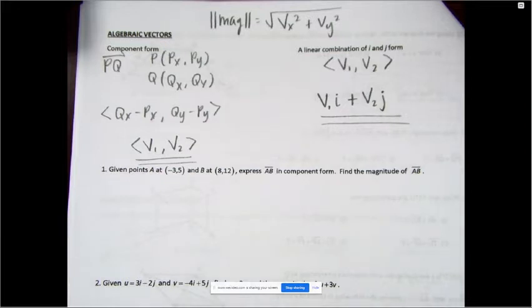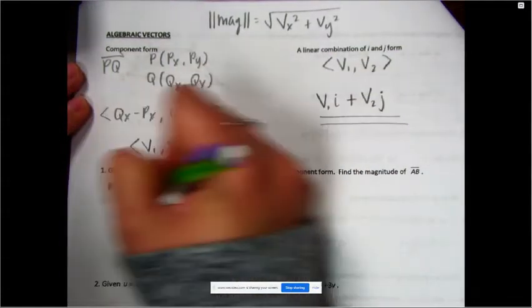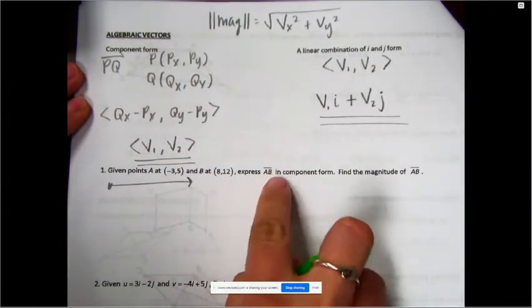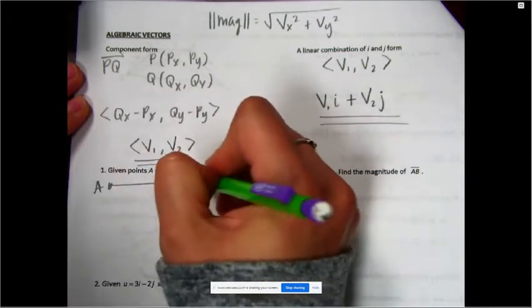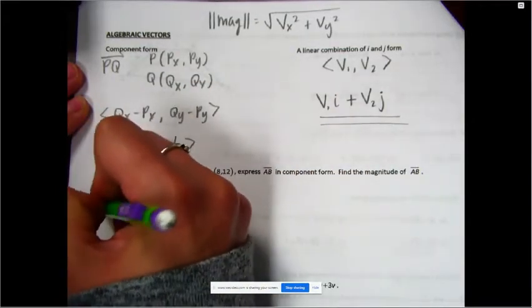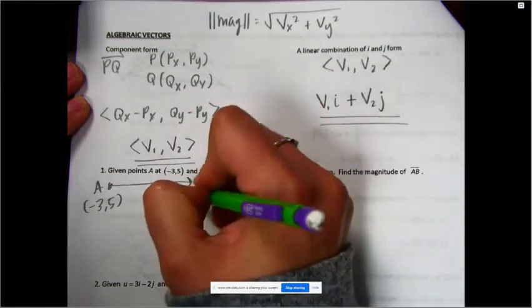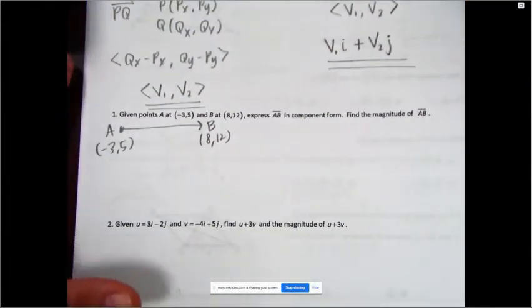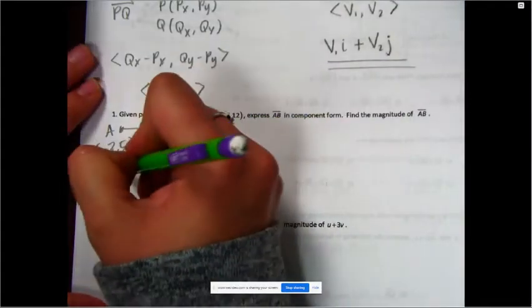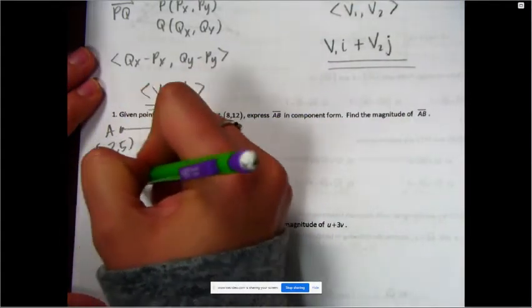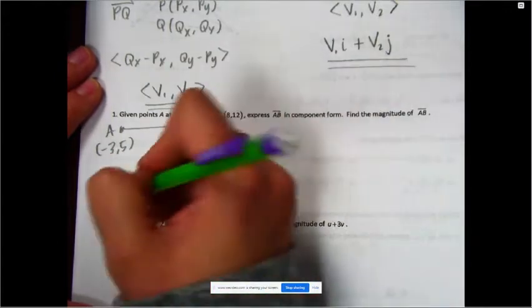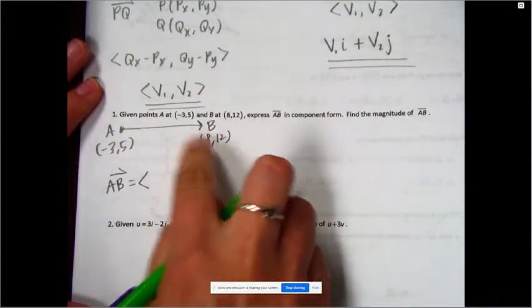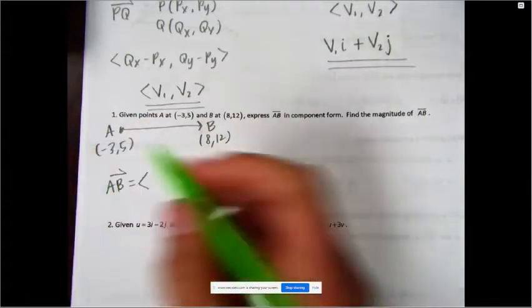Given points A and B, express vector AB in component form and then find the magnitude. So let me draw a picture. It says A and then B, so I know it starts at A, ends at B. A is -3, 5. B is 8, 12. So if I'm going to find vector AB, I am going to take the second X value minus the first, second Y minus the first.